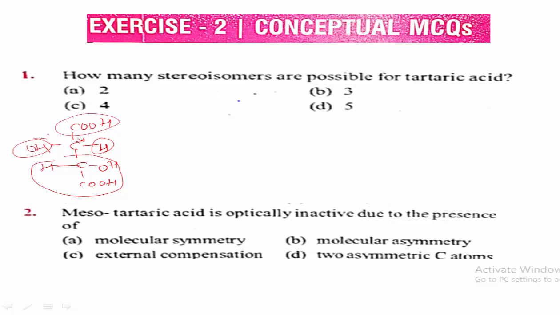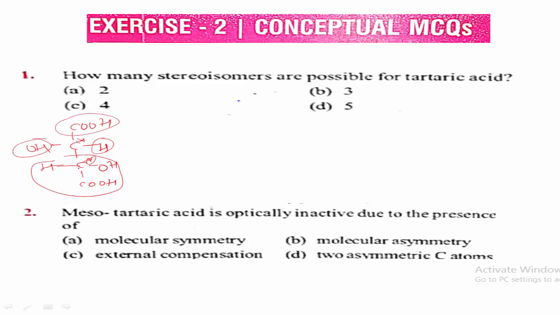Around this carbon atom there are four different groups, therefore it is an asymmetric carbon atom. And this is also an asymmetric carbon atom because here OH is present, here COOH, here also hydrogen, and here the entire remaining group.